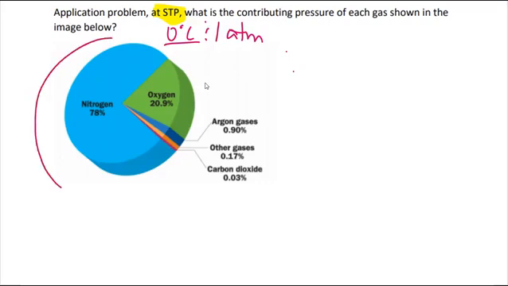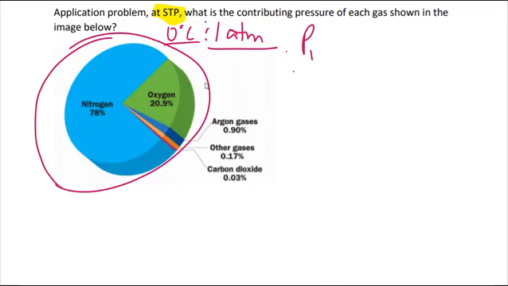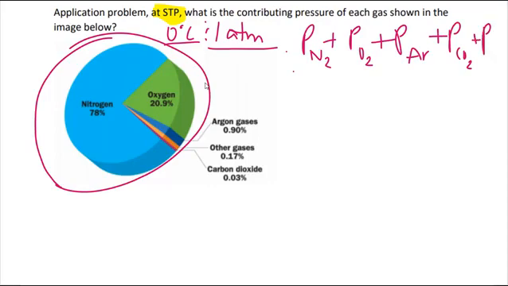So we know that in this image, this is a whole unit, a whole. We want to know the contributing pressure of each gas if this whole thing is 1 atm. So in order to do that, I need to take the pressure of my nitrogen, add my pressure of oxygen, add my pressure from the argon, add pressure from CO2, and add my pressure from other.